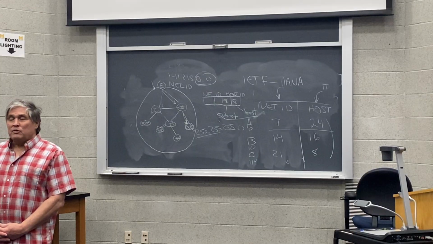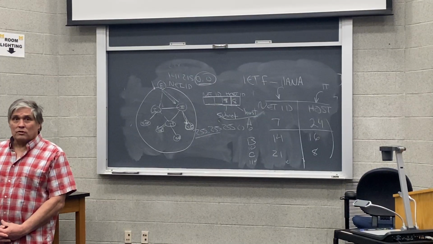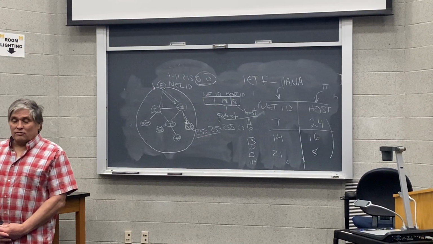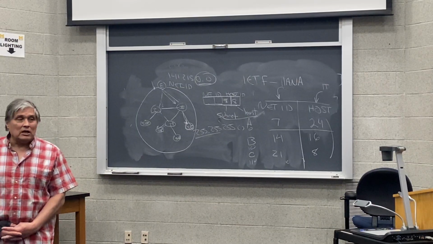When you're routing between autonomous systems, all you care about is the network ID. For packets destined for U of M Dearborn, and you're a router at Ford Motor Company, all you care about is getting to the U of M Dearborn exterior router. So all you want to look at is the network ID.